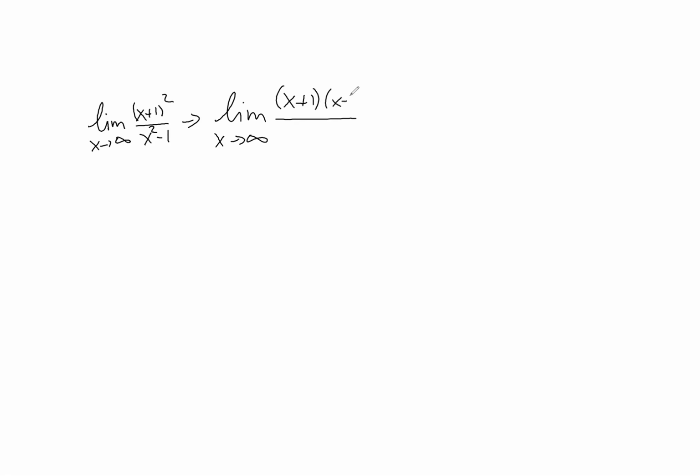So I factor the top, and the bottom is x minus 1 times x plus 1. This is the plus sign. Okay? And at this point, you can simplify x plus 1. Then you will have the limit of x plus 1 over x minus 1 as x approaches infinity.